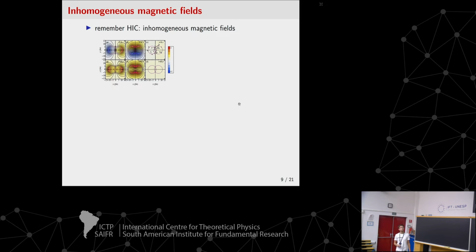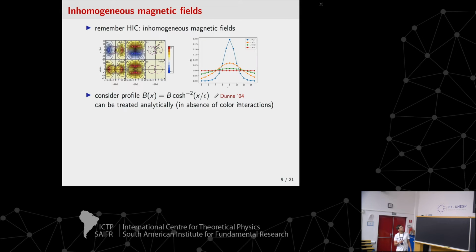Dean has already shown you these inhomogeneous results where the field profile is modeled by this 1 over cos squared. One thing I want to add is that there is a very good reason why we chose exactly this profile: with this profile, you can solve the Dirac equation analytically. You have an effective action which you can calculate analytically.